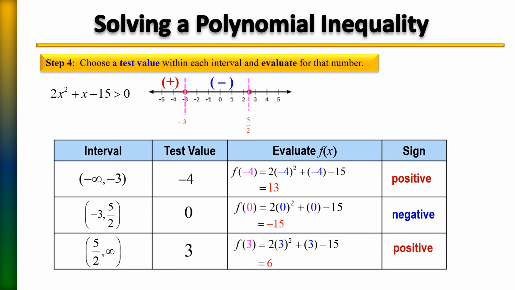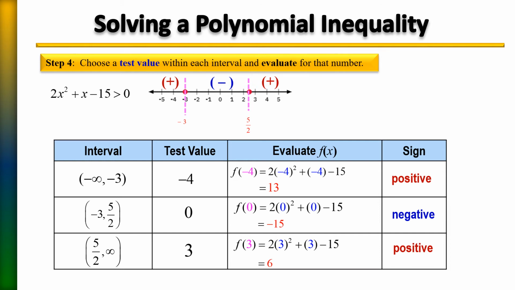And what you'll notice when you do these inequalities and you're testing these intervals is that most of the time, and again, that is not always, but most of the time, they will alternate. For example, it started out with positive, and the next interval is negative, and the next interval is positive.